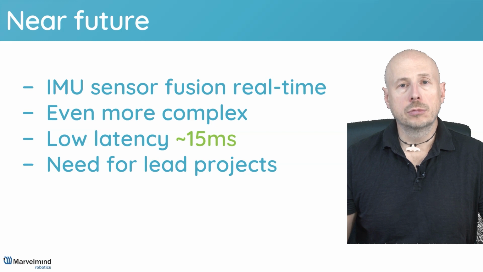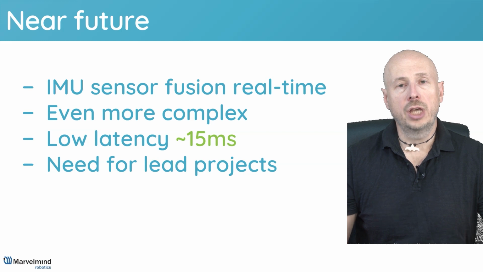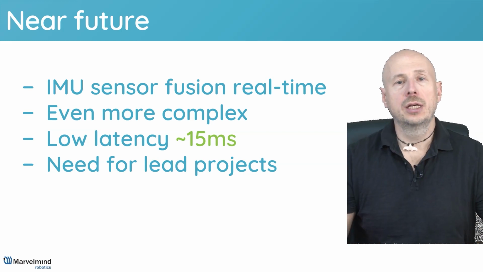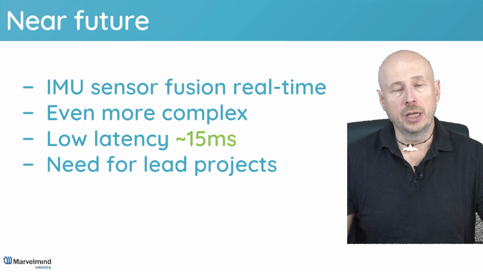What's the future? The future is the holy grail, which is real-time sensor fusion. It's an even more complex task, because as you've seen, it takes us some seconds to post-process. We somehow need to pack it and make it real time. It's not an impossible task, but we are not there yet.